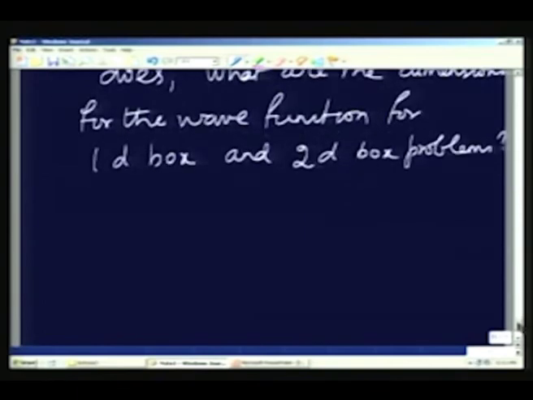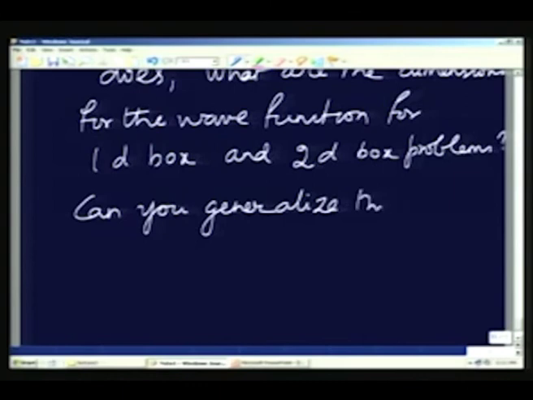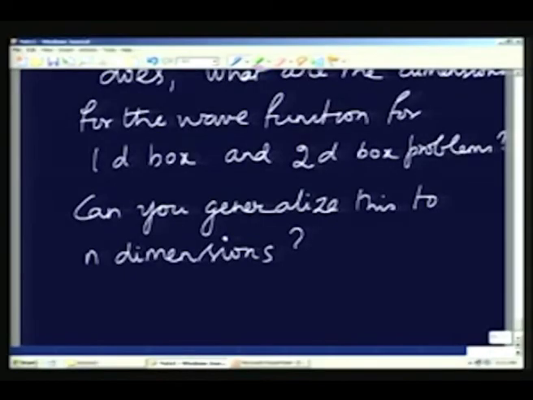Can you generalize this to n dimensions? The answer is the wave function has dimensions, but you can find out what the dimensions are, or please refer to textbooks accordingly.